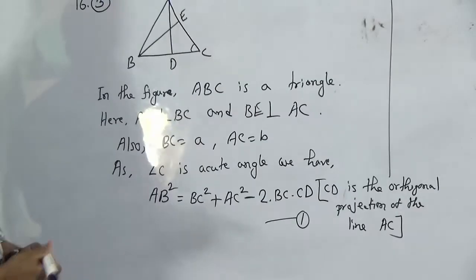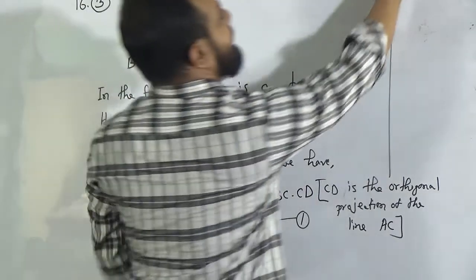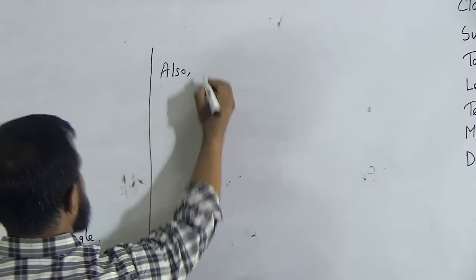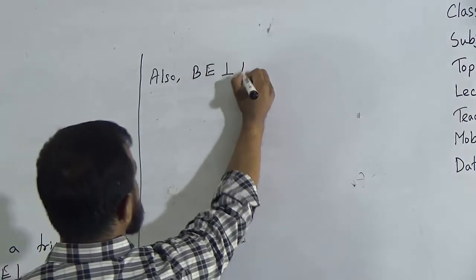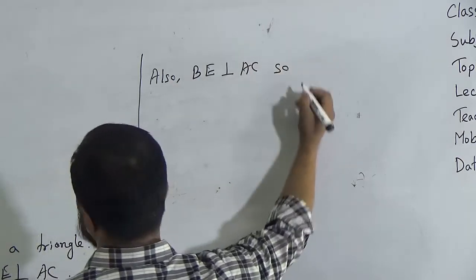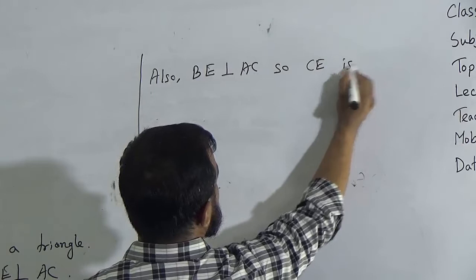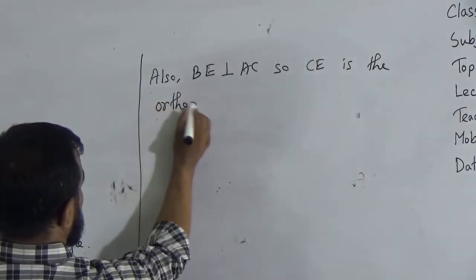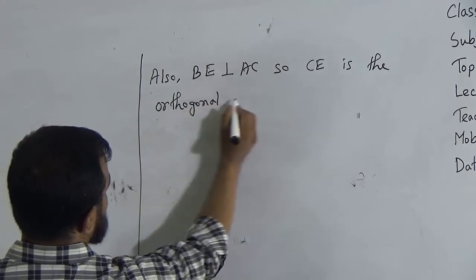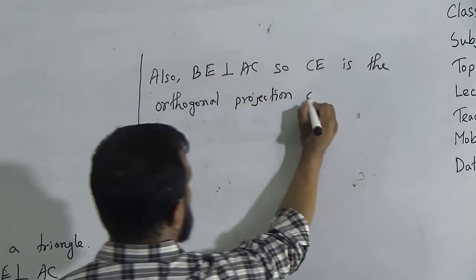We can write down another equation for the acute angle C. Also BE is perpendicular to AC. So CE is the orthogonal projection of the line BC.